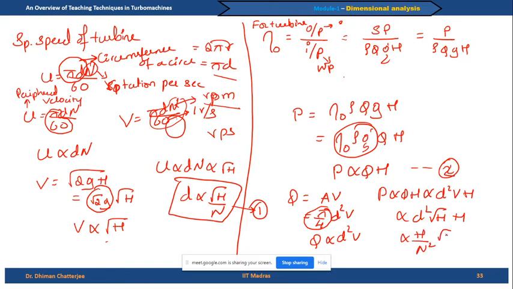Then root H into H. Correct. So further we can write P is directly proportional to H raised to 5 by 2 by n square. Equation 3. Is this clear till now?